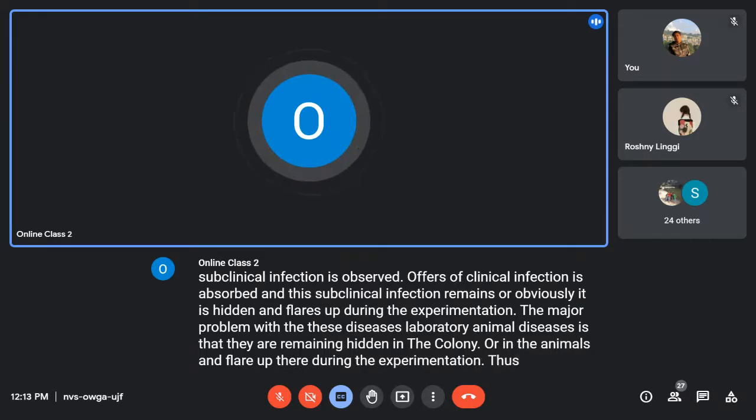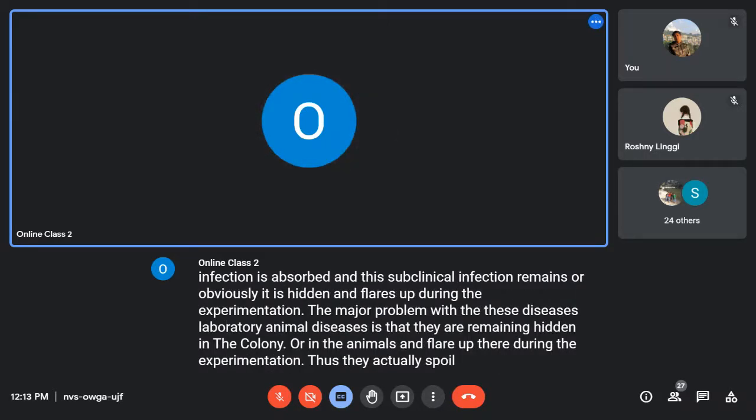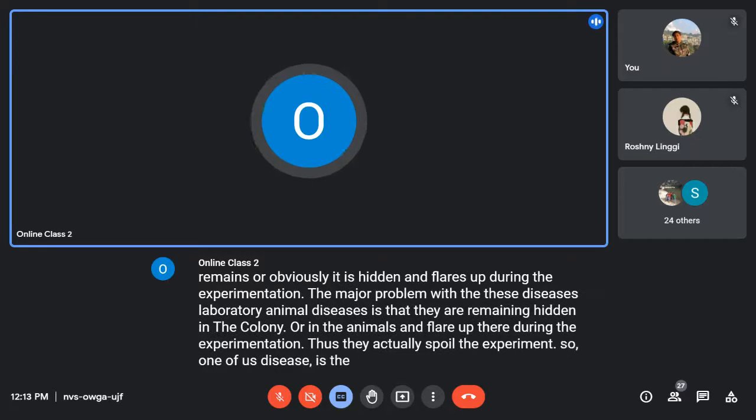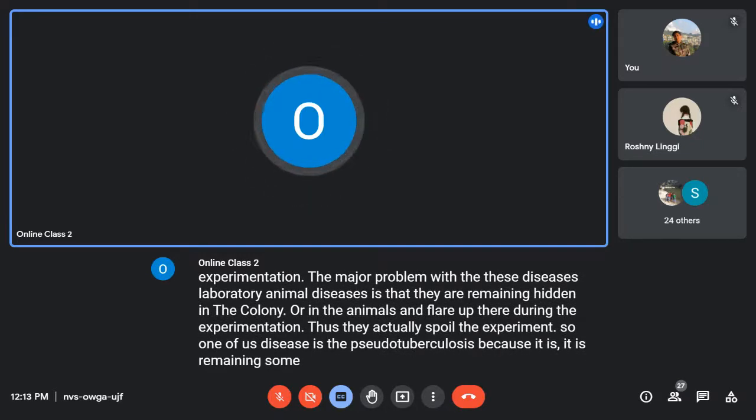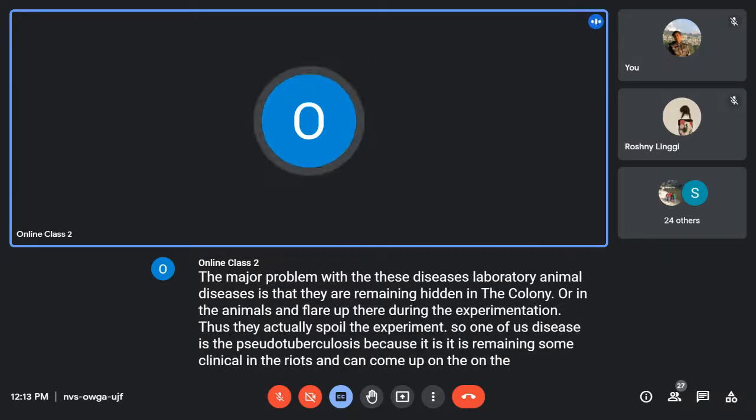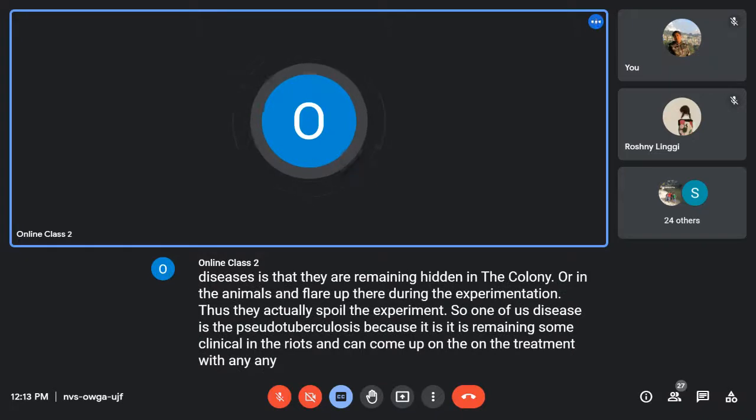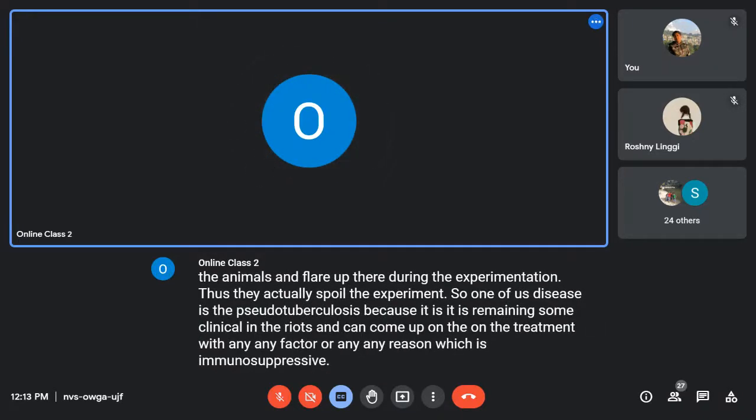Thus, they actually spoil the experiment. So one of such disease is the pseudotuberculosis because it is remaining subclinical in the rats and can come up on the treatment with any factor or any reason which is immunosuppressive.